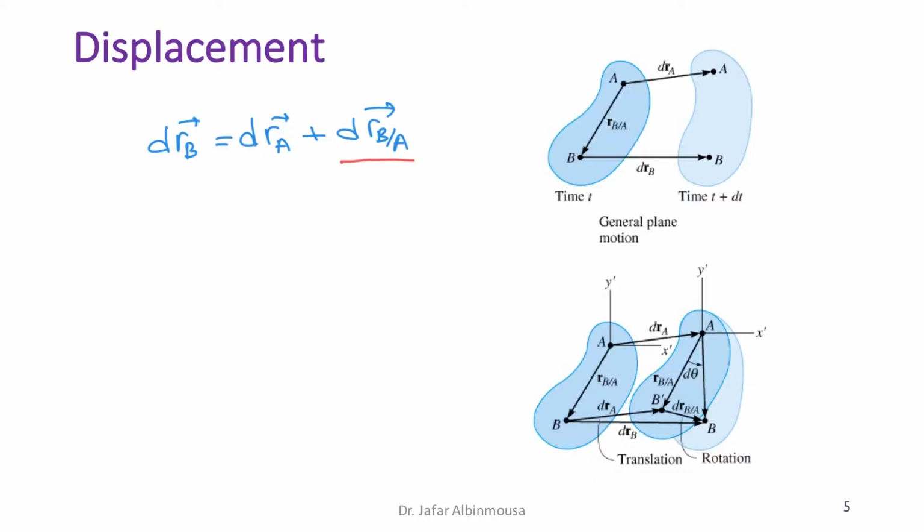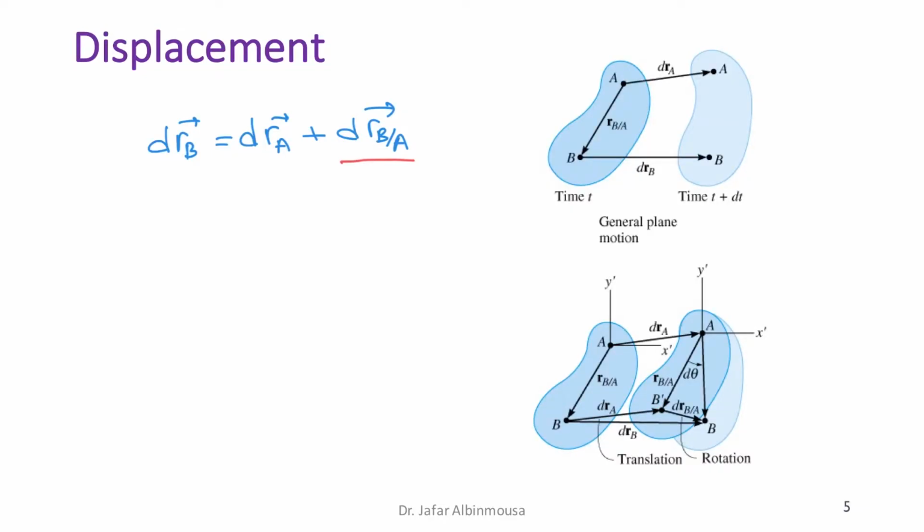This is exactly what we are going to do. We are going to split the motion into two motions. First, we will assume that the body has just translated from this position to this one. For that, the change in the position vector from A to A in the translating coordinate system, and B from here to there, are just parallel.